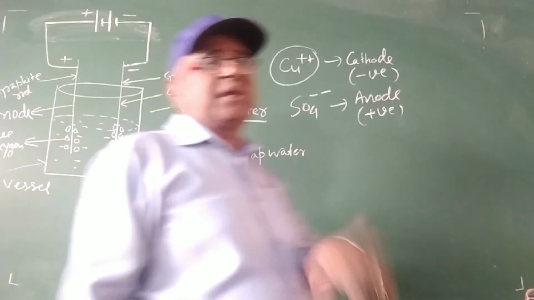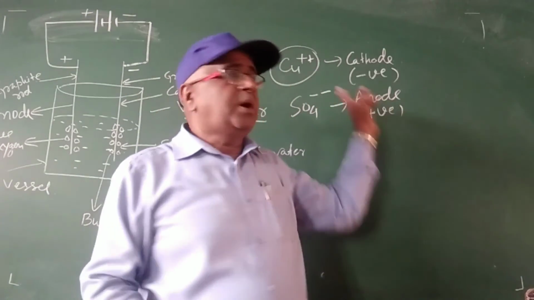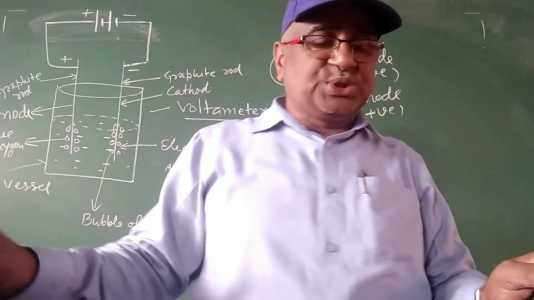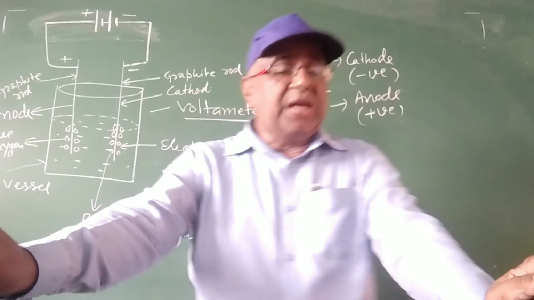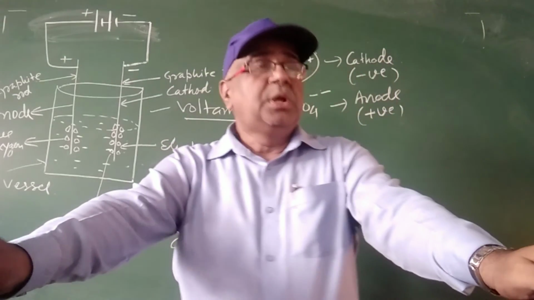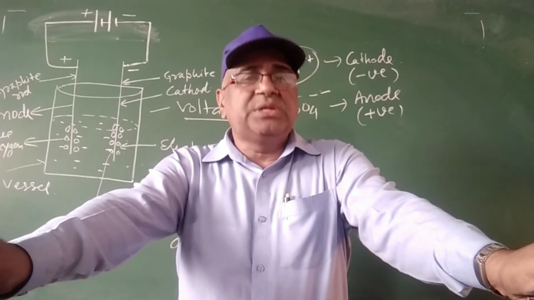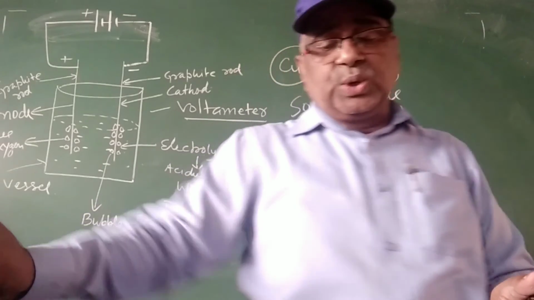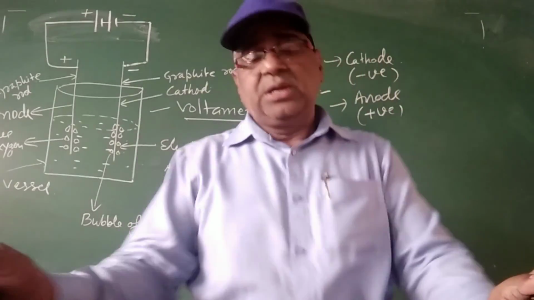Mind it, in battery cell the opposite thing happens. So metal will be deposited on the cathode and gaseous bubble will be deposited on the anode, or it is collected near the anode. Change of color of solution may occur due to the dissolving of different ions.